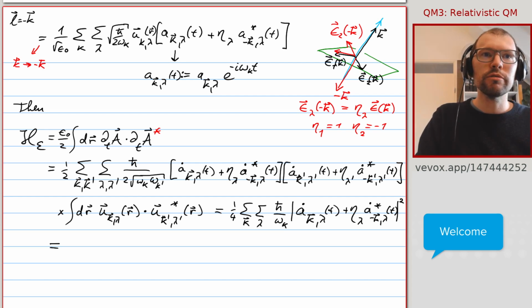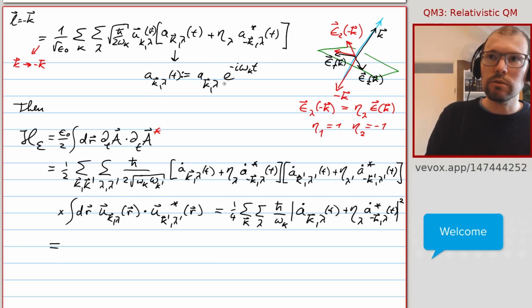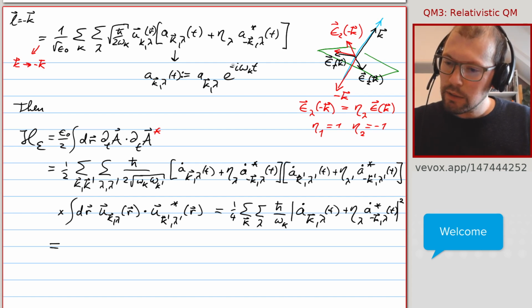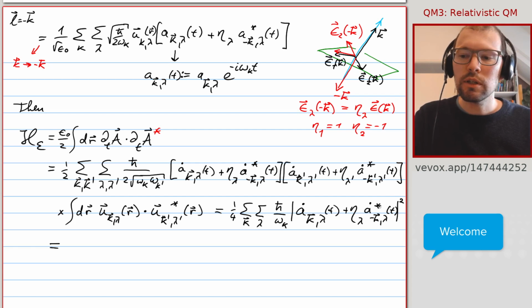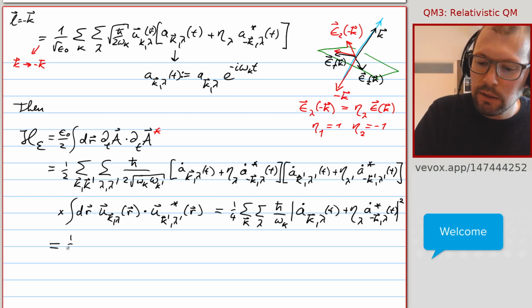So let's do the time derivative. The time dependence of these components, they're simply these phase factors with omega k in there. So that brings down a minus i omega k for the first one, and for the second one, which has a complex conjugate, brings down a plus i omega k. So what do we get?